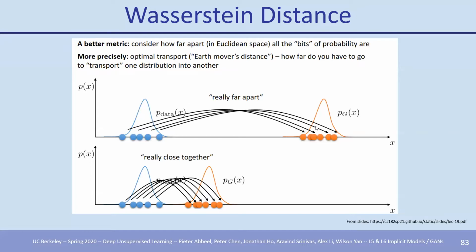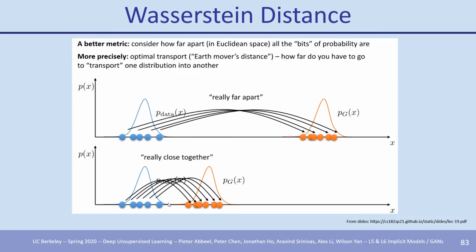The problem with KL divergence and Jensen-Shannon was that it had no notion of distance. So these two would have the same loss, even though they were very far away, right? It has no notion that it's trying to get it closer.